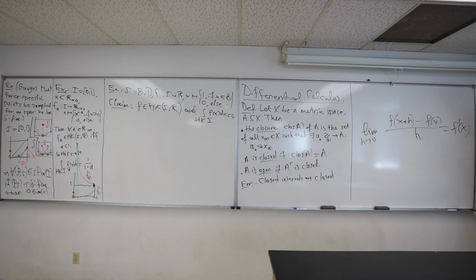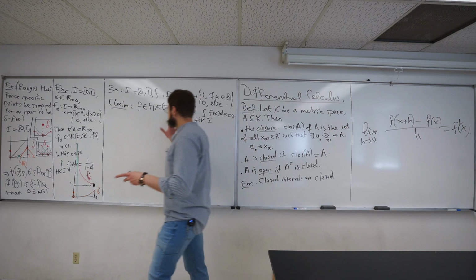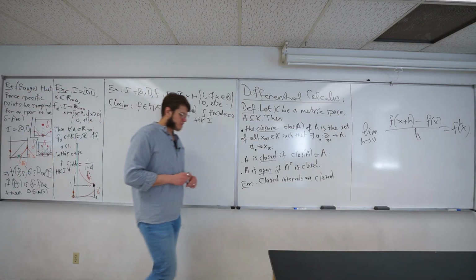Now, how to do this? Maybe I should ask you, what are the bad points for this function? There are good points and bad points. The point of using a gauge is to control the bad points. I'll give you a couple seconds.